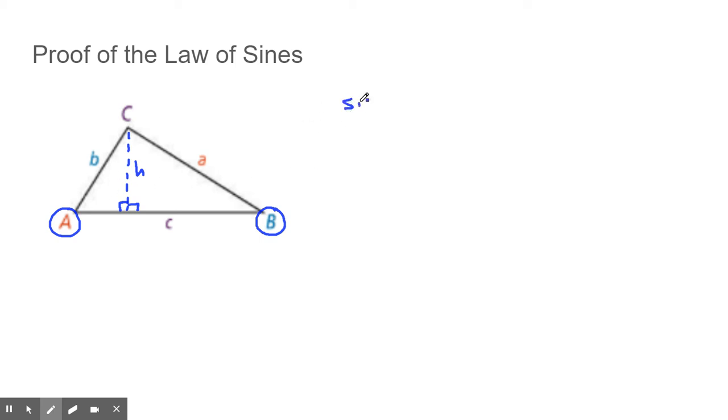So the sine of A would be opposite h over hypotenuse b. And in the triangle on the right, the sine of B would equal opposite h over hypotenuse a.